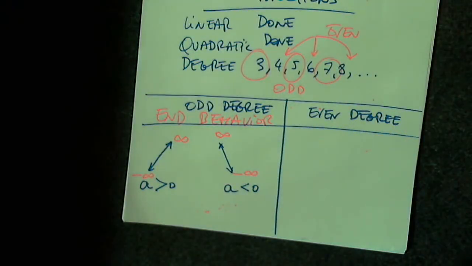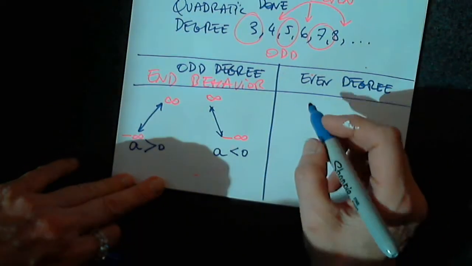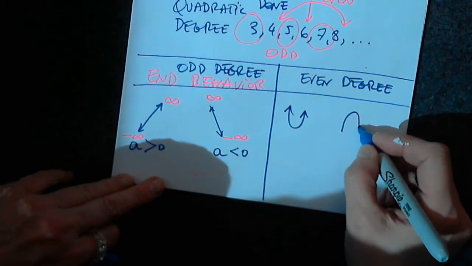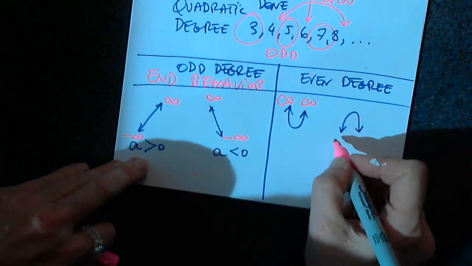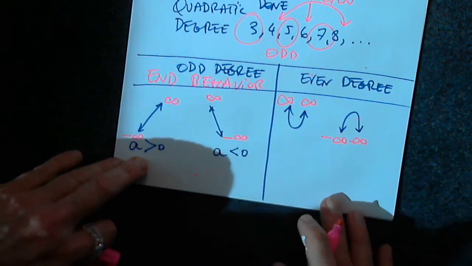Either, exactly, coming from and going back to, or coming from and going back to. That's exactly what all even degree polynomial functions will do. So it's either this or this, which means this or this.